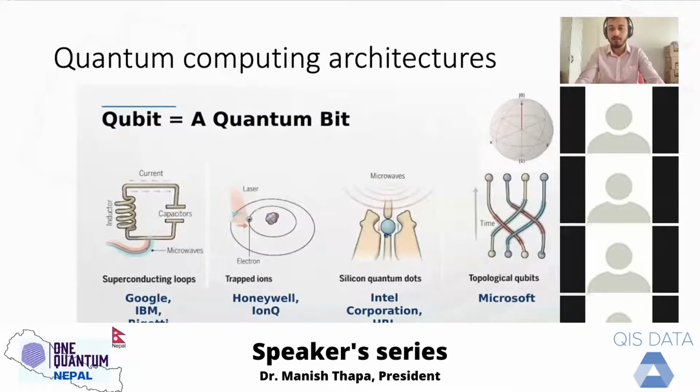I'm not an expert in topological qubits, but from news and here and there, I hear that they're still building that, and it doesn't exist right now. But if Microsoft can do that, that would be really great. But our focus is superconducting loops, right?